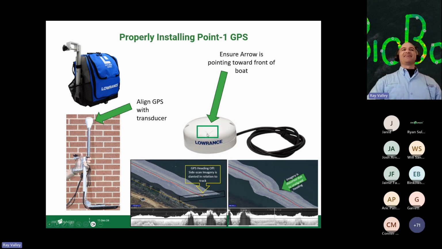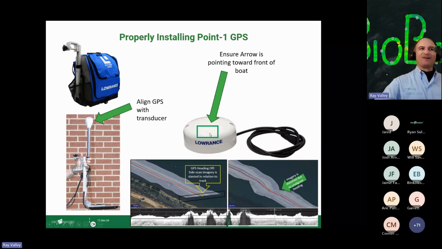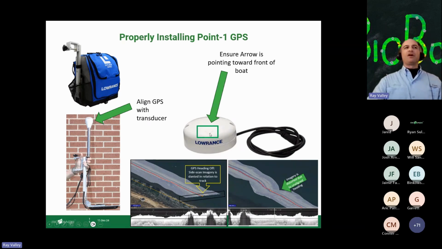There's a little arrow on there that you need to make sure is facing forward with the boat, because that's going to line up your positions, and when we talk about side scan, that's really important, that the arrow is pointing forward. Another thing that people often overlook. But then this is an example, right? You want to get that GPS lined up with the transducer, so your X, Y, and Z positions are all lined up.